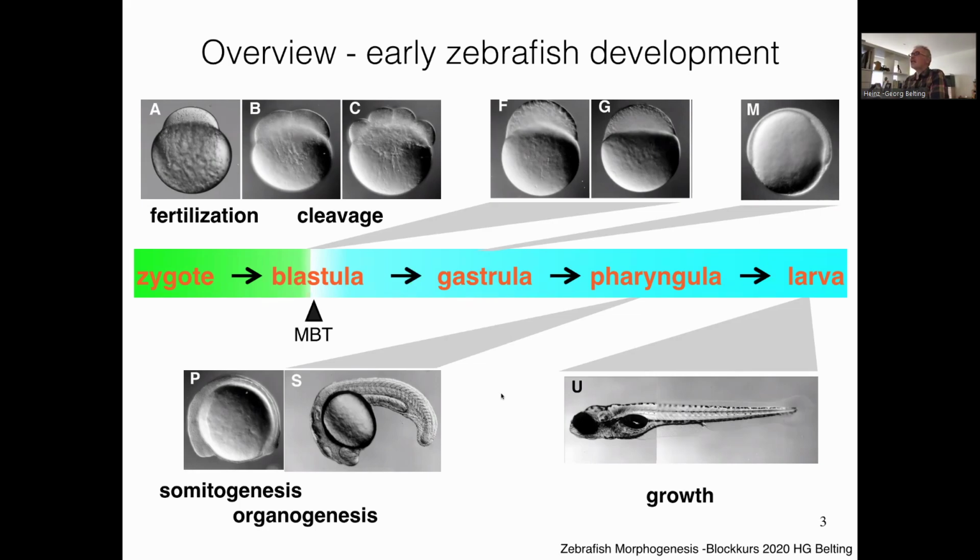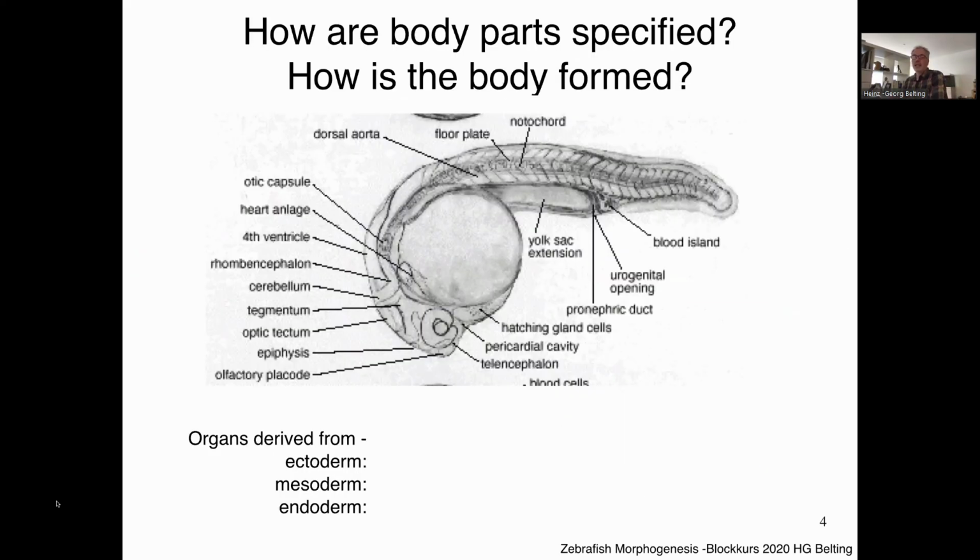So the question is then, you have all these cells, you have these things happening. In the end, you have a differentiated organism that has all these different organs. It has a differentiated brain. It has a gut and everything it needs.